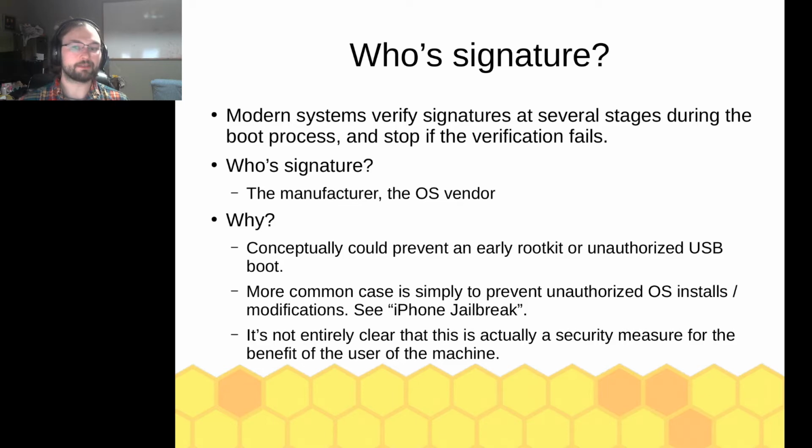But in other cases, it's not as clear that it has security benefits, and this isn't really a security measure for the benefit of the user who sits in front of the machine and uses it. This is benefiting some other party. So this is kind of sketchy, but this is how machines mostly work nowadays.